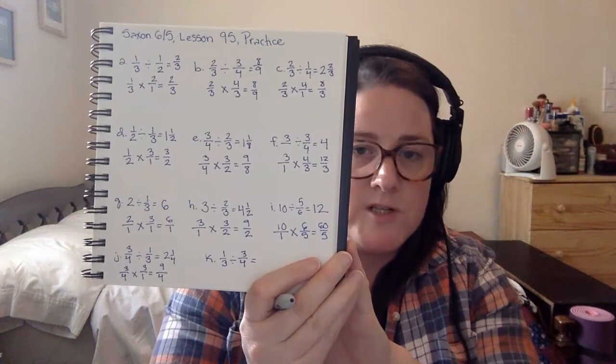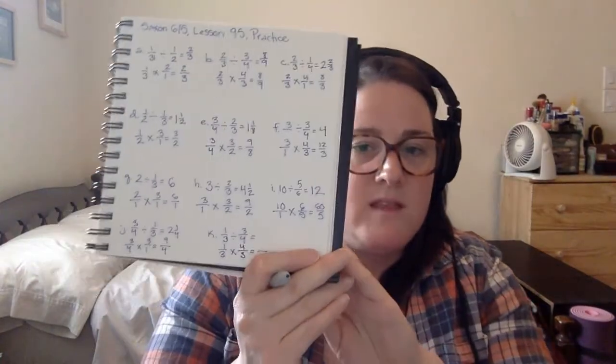K is asking me how much of 3/4 is in 1/3. So this is asking me what is 1/3 divided by 3/4. So this is going to be my first equation. 1/3 remains the same. My division becomes multiplication.